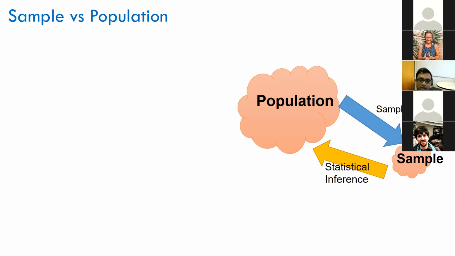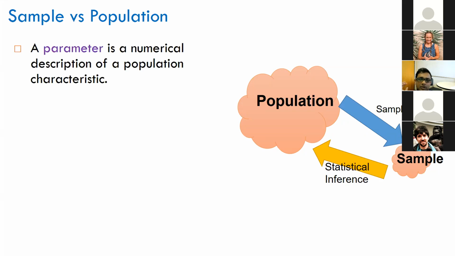Sometimes when you read articles or stat books, or when you use a statistical program, you will see a couple of other terms that I thought might help you. When you use the sample or the population, you will see a term called parameter.